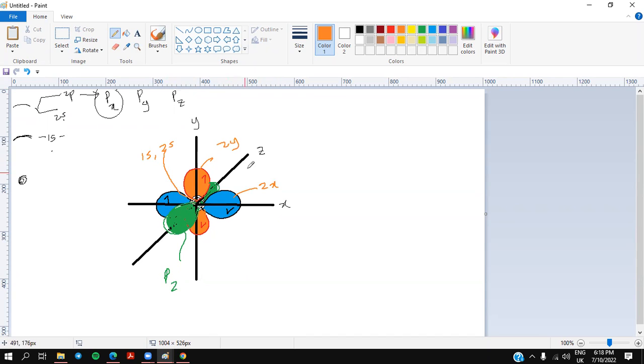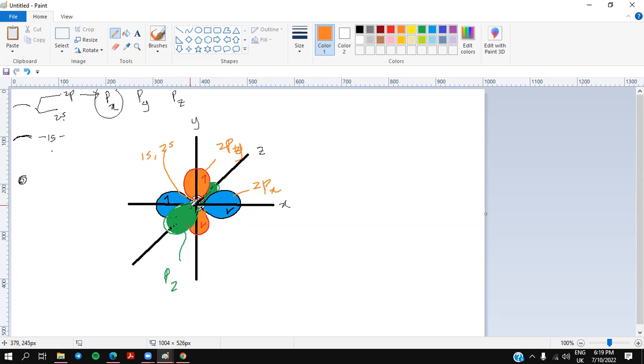This green one is 2pz. Likewise, orbitals of different shapes organize in an atom in this manner.